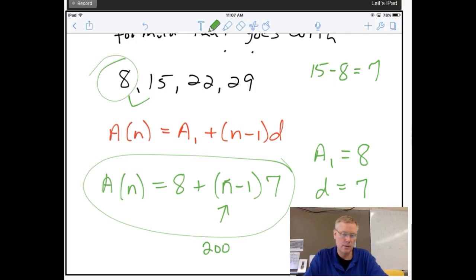In this case, 200 minus 1 is 199, and 199 times 7 is 1393 plus 8 is 1401. So 1401 would be the 200th number in the sequence if they were to ask for that. Okay?